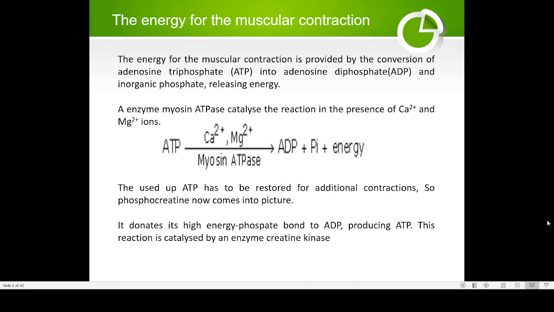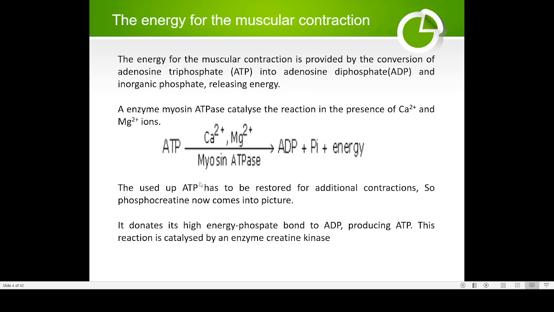When a muscle is contracting, a certain amount of ATP will always be used. That ATP has to be recreated, otherwise the muscle will not have enough ATP for further contraction. So the used ATP has to be restored for additional contraction.